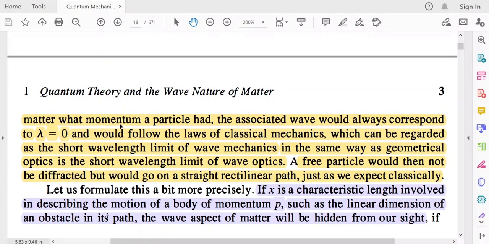Whatever the value of the momentum, the particle would follow the laws of classical mechanics, which can be regarded as the short wavelength limit of wave mechanics. So lambda equal to 0 means there is no wave nature for the particle, and here the laws of classical mechanics will hold.